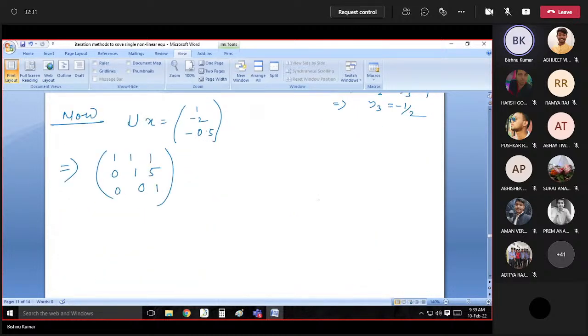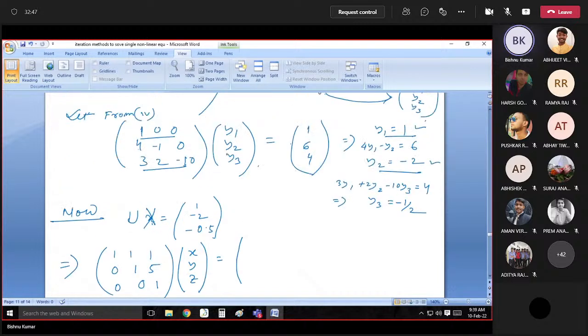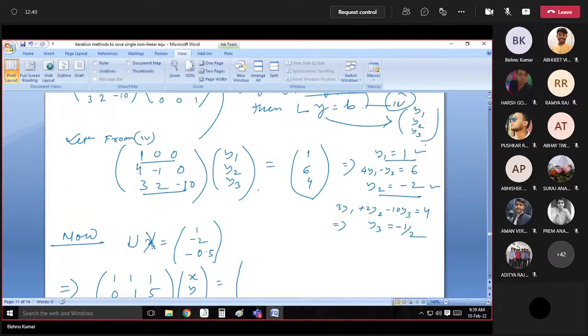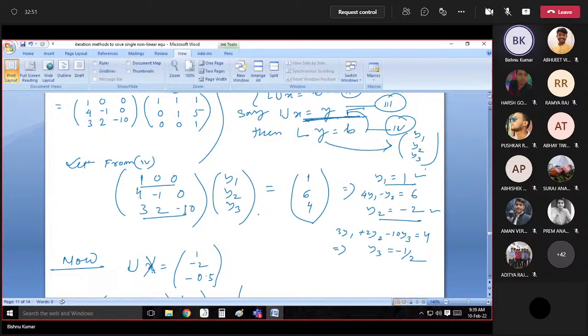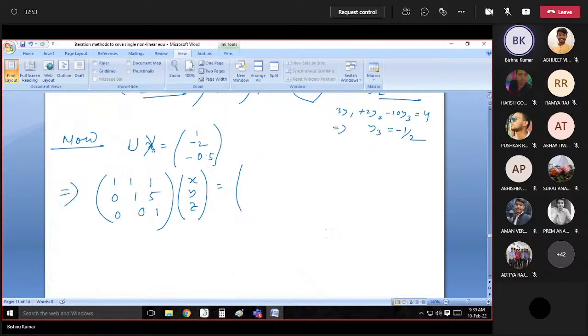X is the unknown vector. The unknown vector you have to write in column way: x, y, z. You may write capital X, no problem. Equal to the right hand side y, that you have calculated. So what is the y? 1, minus 2, minus 0.5 or minus half.